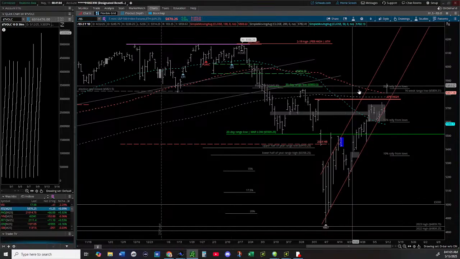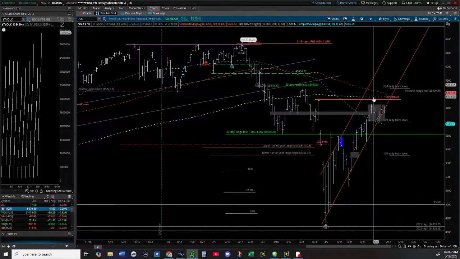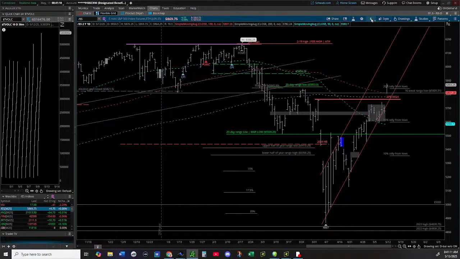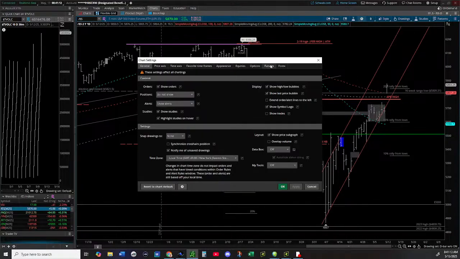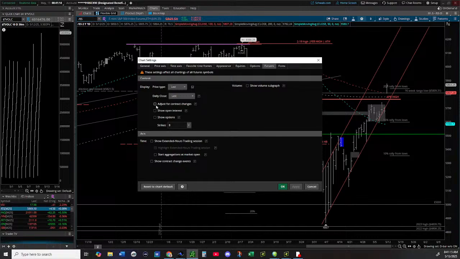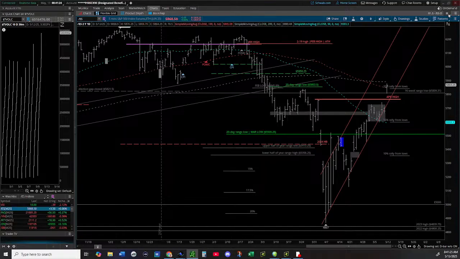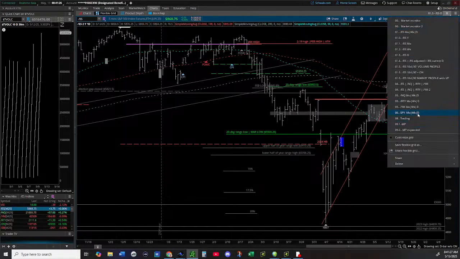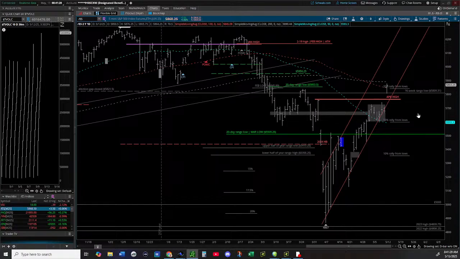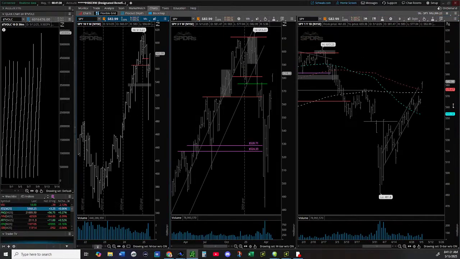In this chart, for example, I have the 100 above the 200. But if I do the adjustment for contracts, notice what happened here. Now I have the 100 below. Who is going to watch what? No idea.